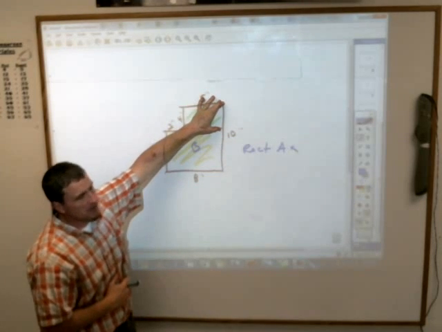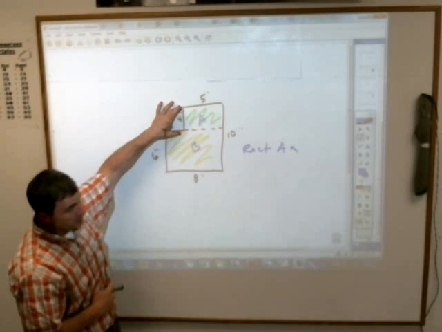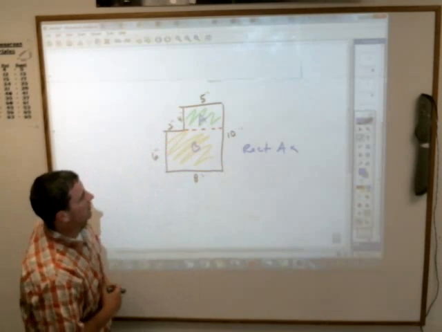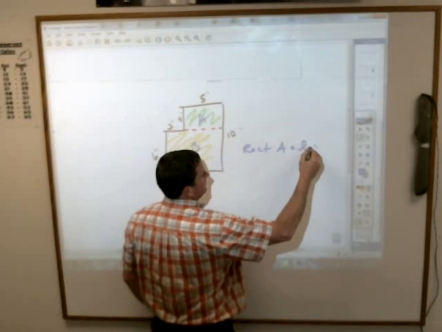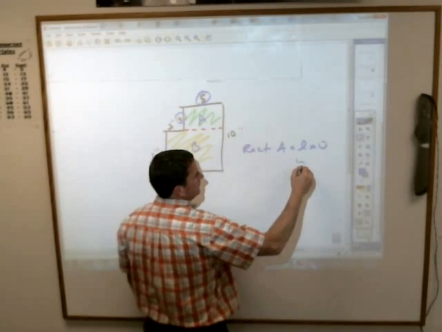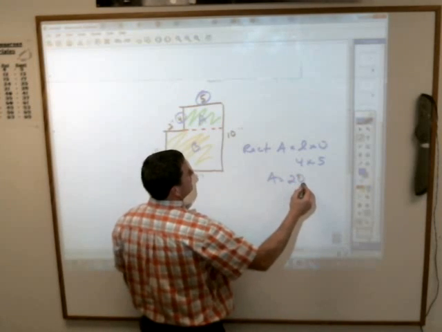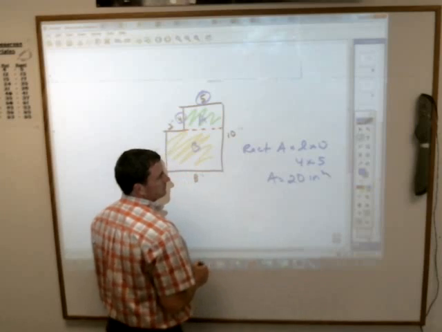You only need this piece here, so make sure you're using this number here. That only counts for that piece as opposed to that whole 10. Length times width for this one would be 4 times 5. So rectangle A equals 20 inches squared.